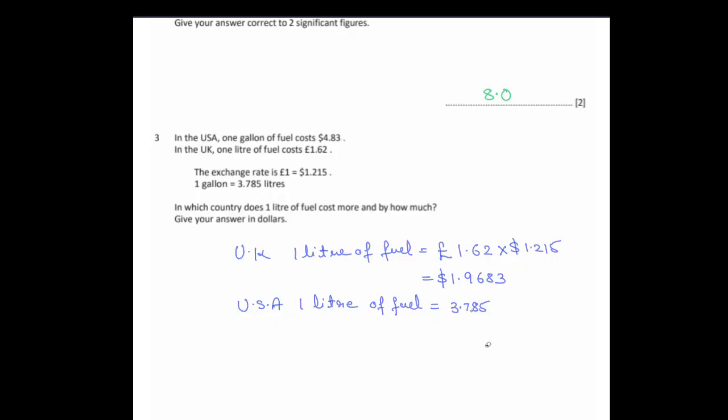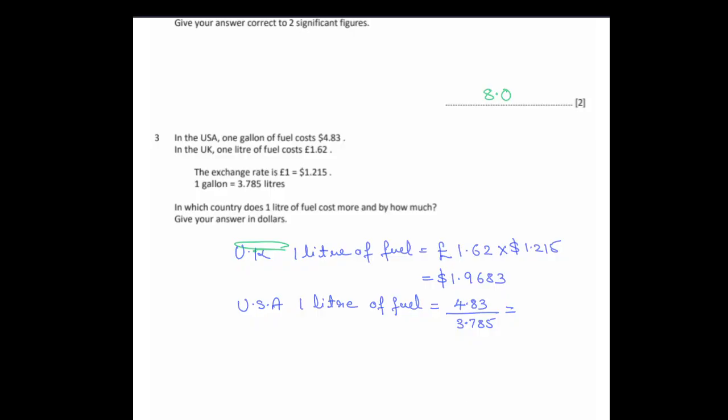So we'll divide 4.83 by 3.785 because we need 1 liter of fuel. 4.83 divided by 3.785 is 1.2760.